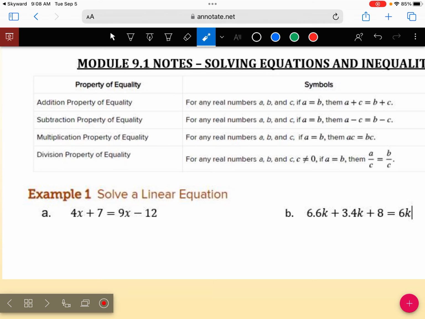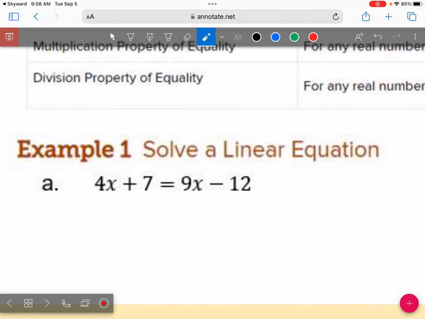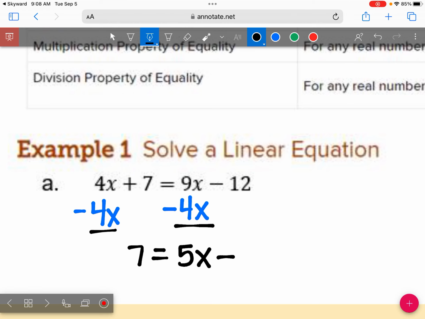So let's go ahead and solve A. So I just need to pull all my variables to one side, all my numbers to the other. So I'm going to subtract 4x. And again, I'm doing that to both sides. So that is 7 equals 5x minus 12.